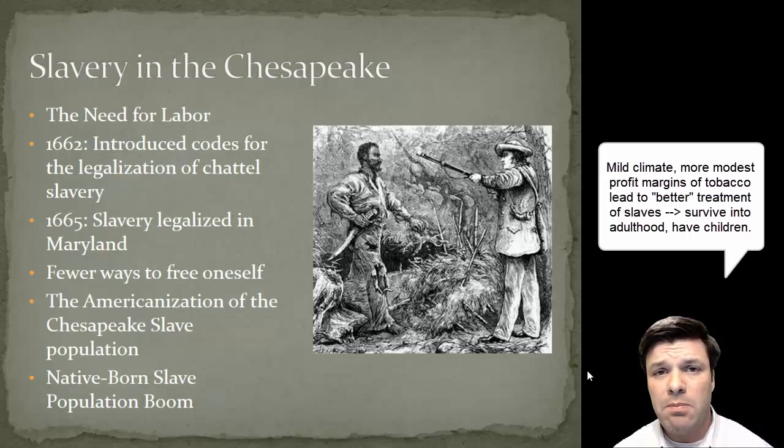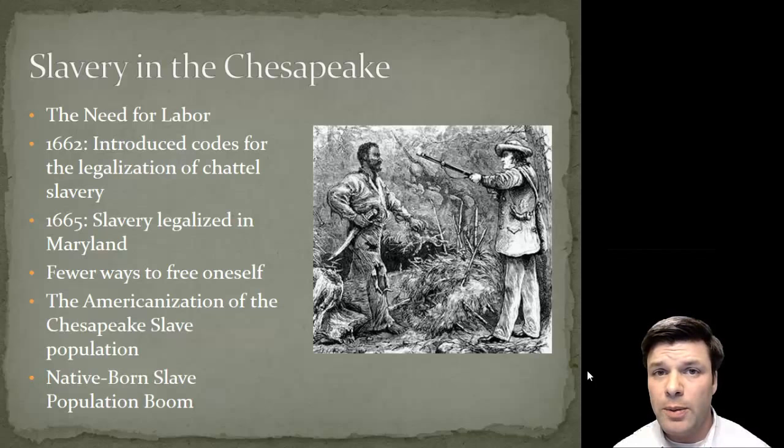You had to treat them better than slaves were being treated in the Caribbean. You had to give them time off. You had to give them ample food, ample shelter. And the reason why was very simple. The reason why is tobacco farmers were not making as much as sugar farmers.